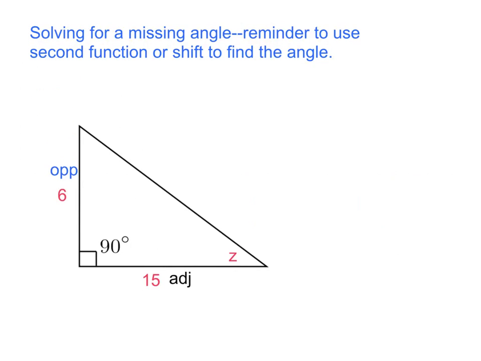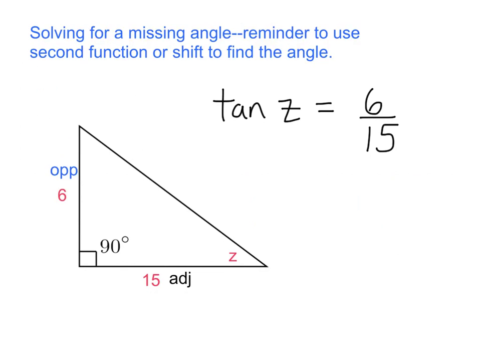So now we have opposite and adjacent, so we have the ratio tangent. From here we can fill in the missing information. The tangent of z is equal to opposite over adjacent, which is 6 over 15.